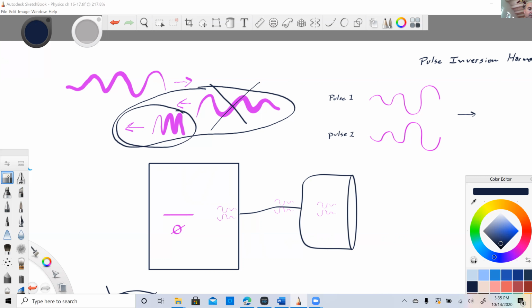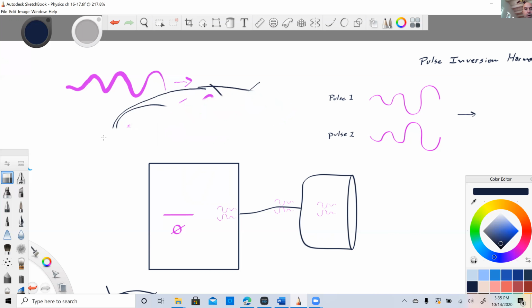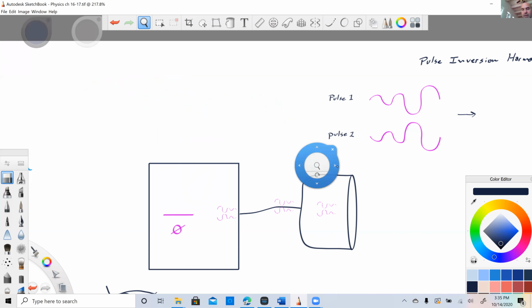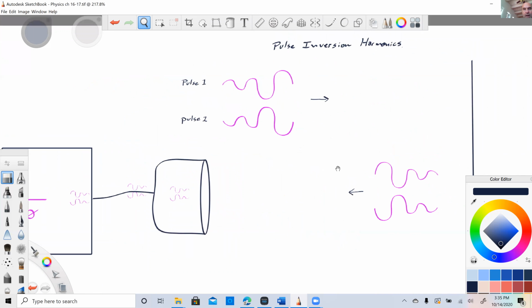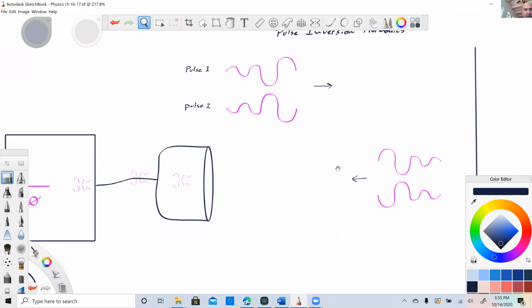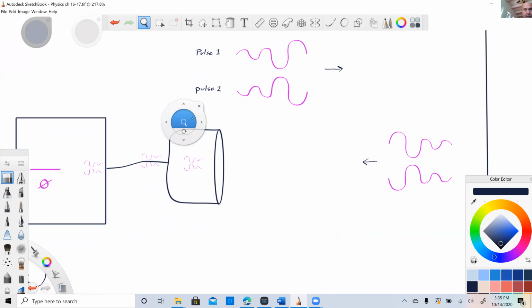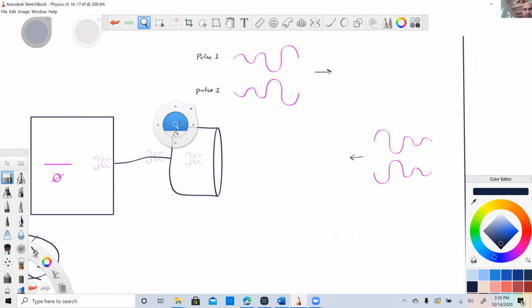Now, I'm not an electrical engineer. I have a personality. And so engineers have figured out that there's a more efficient way. This is pulse inversion harmonics. I just want to make it slightly smaller here.